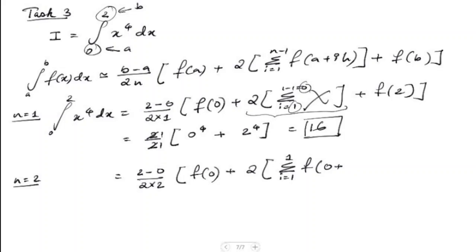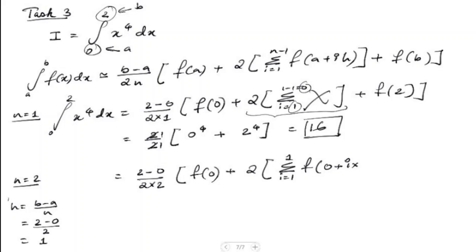So here we have 0 plus i times h. Now h, when n is equal to 2, is equal to b minus a divided by n. So we have 2 minus 0 divided by 2, which is 1.